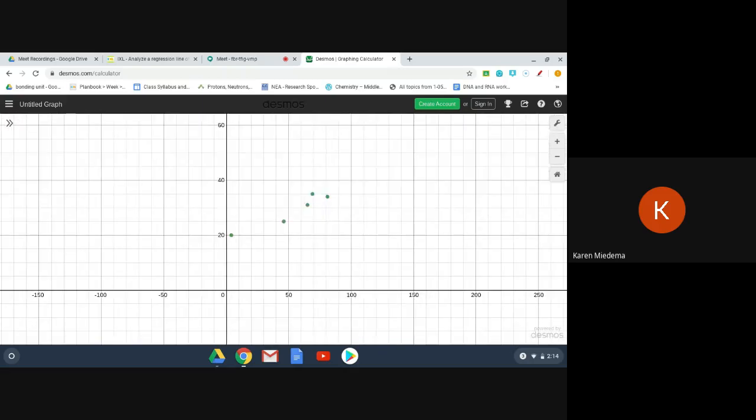I'm just going to zoom out a little bit. You can see that it actually plotted the data points for us. Here was the point 4, 20 and so on. It has the other data points. You can see that there are 1, 2, 3, 4, 5 data points, which is what we had before.